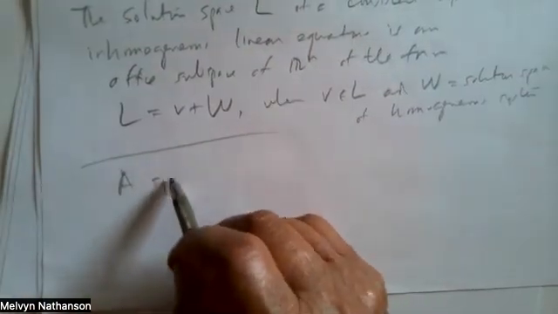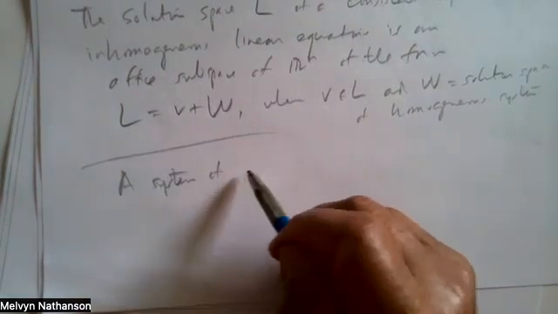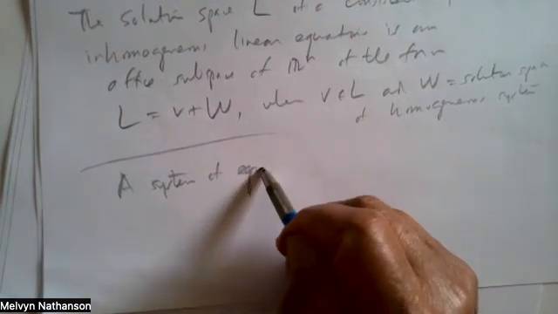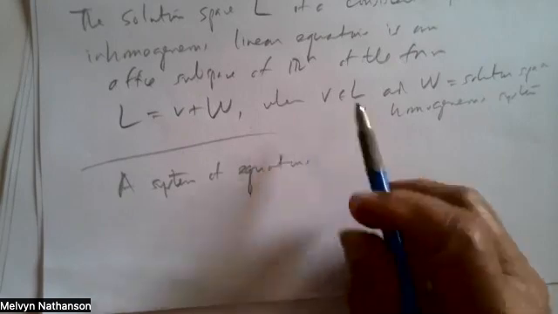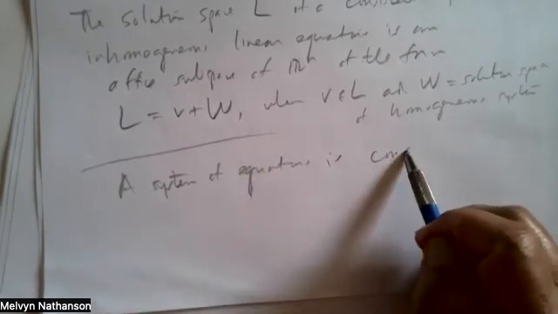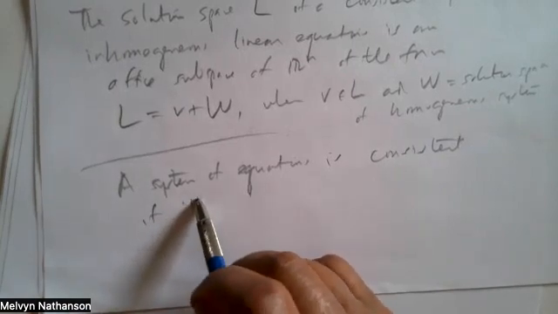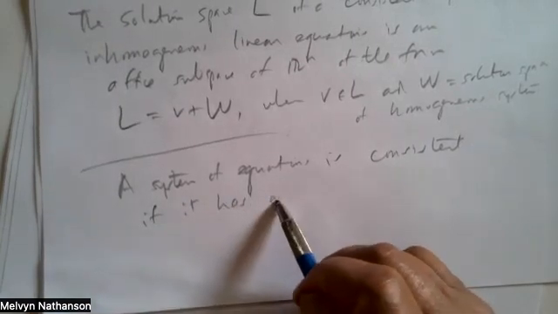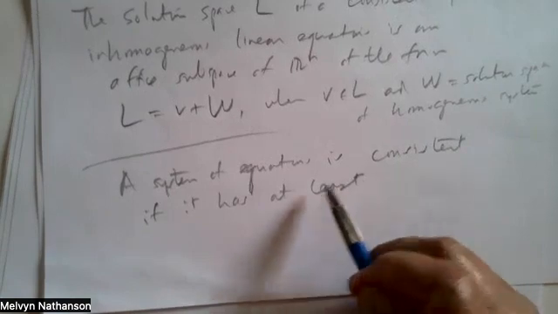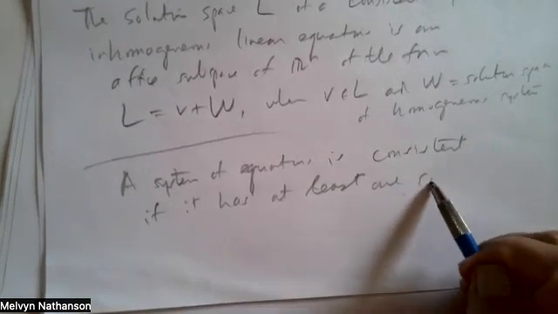And we say that a system of equations is consistent if it has at least one solution.